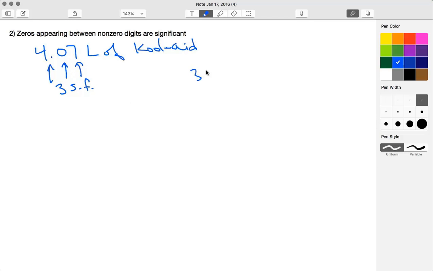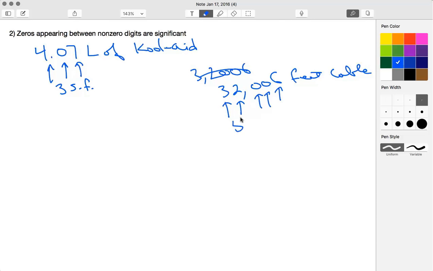If you had 32,006 feet of cable, you would have 1, 2, 3, 4, 5 significant figures. Pretty easy, right? Probably some of you are bored watching me go over this, but believe me, some people are not bored, so that's why we go over it.